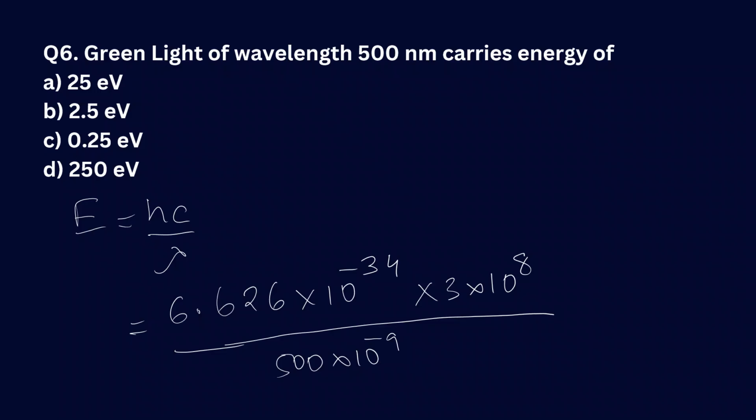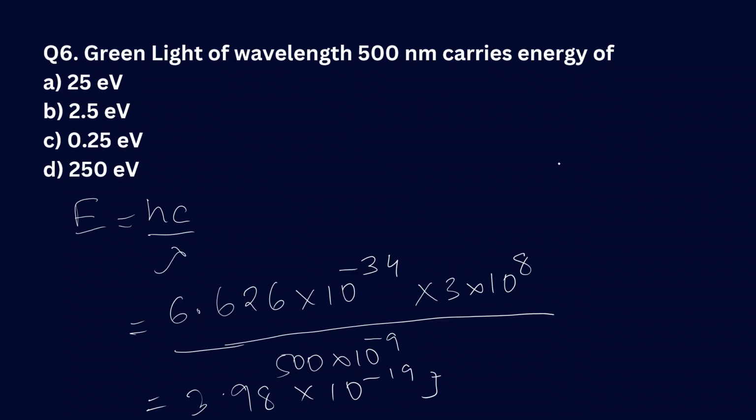So what do we get if we calculate this? Let me calculate. Okay, this is coming around 3.98 into 10 to the power minus 19 joule.